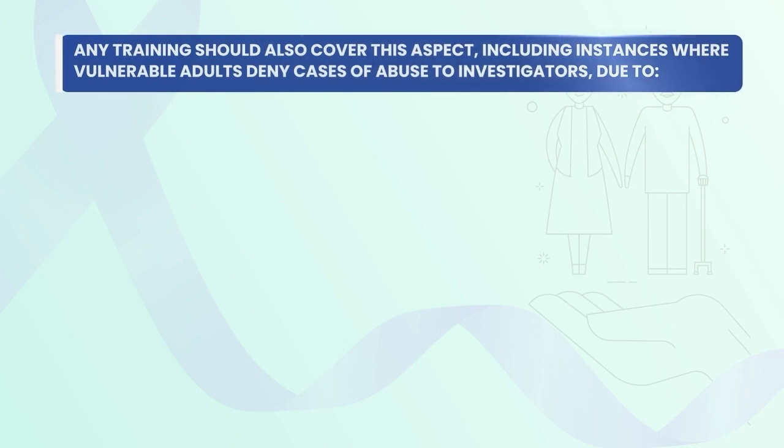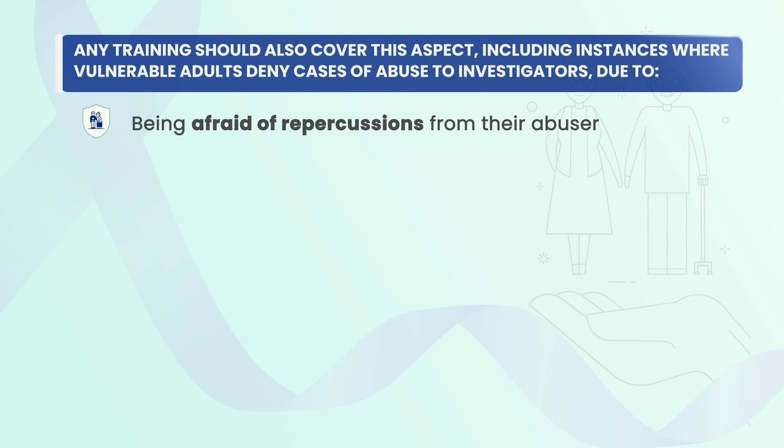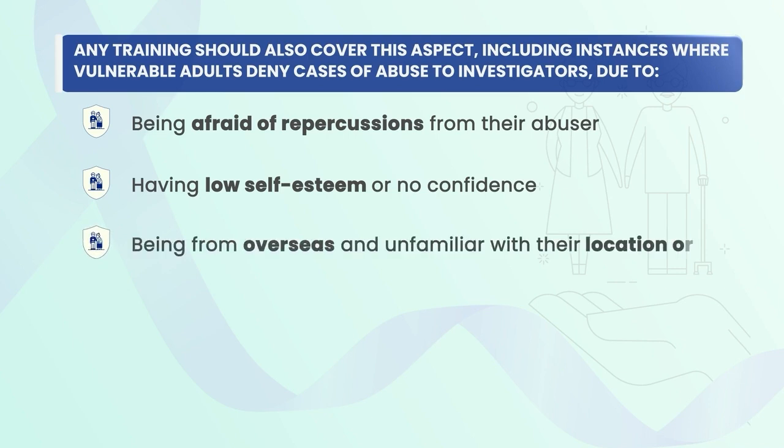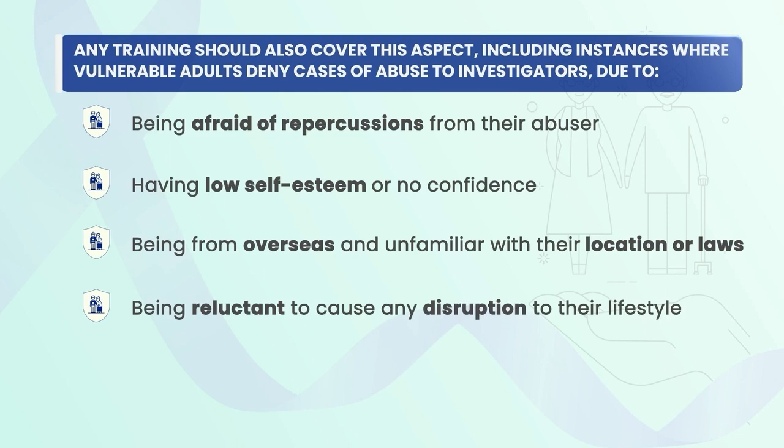Any training should also cover this aspect, including instances where vulnerable adults deny cases of abuse to investigators due to being afraid of repercussions from their abuser, having low self-esteem or no confidence, being from overseas and unfamiliar with their location or laws, being reluctant to cause any disruption to their lifestyle, feeling embarrassed or inadequate.